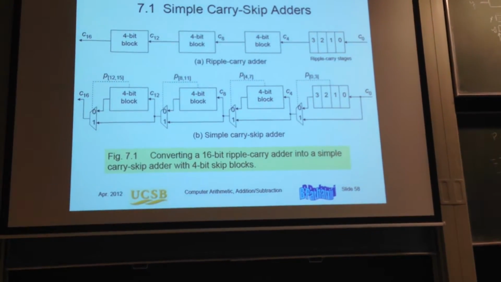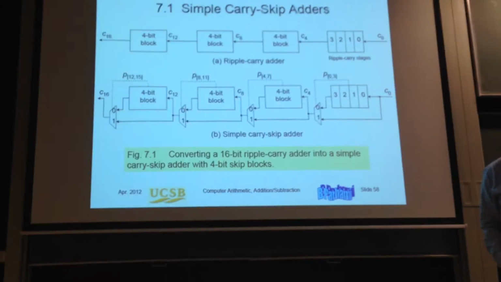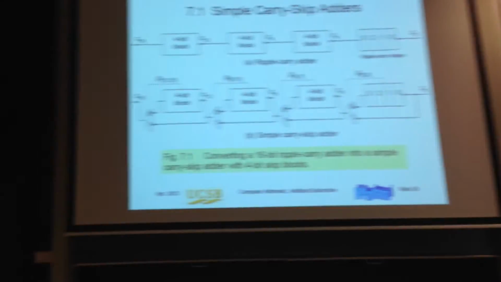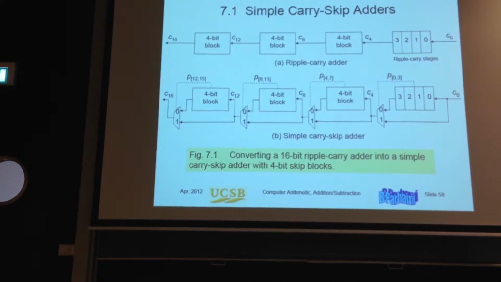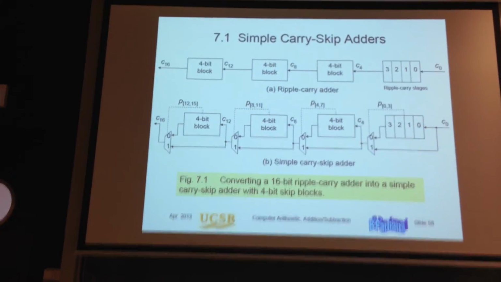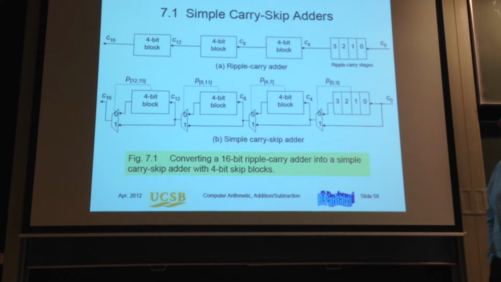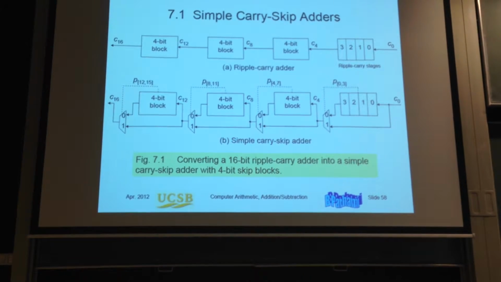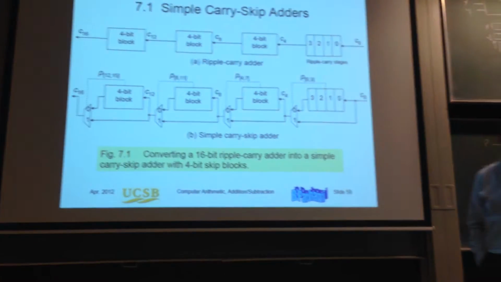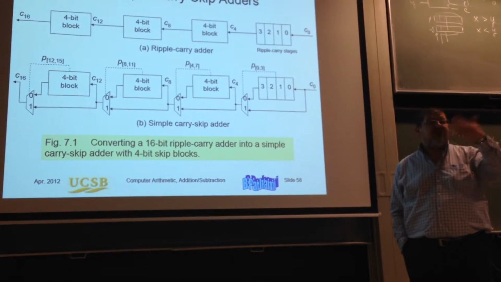Not really. Then I will augment that adder with two things. I will have to compute the propagate for each position, which will take me one level of gates. And then I will have to compute the propagate for each block. This will take me another gate, and it will be an AND gate.